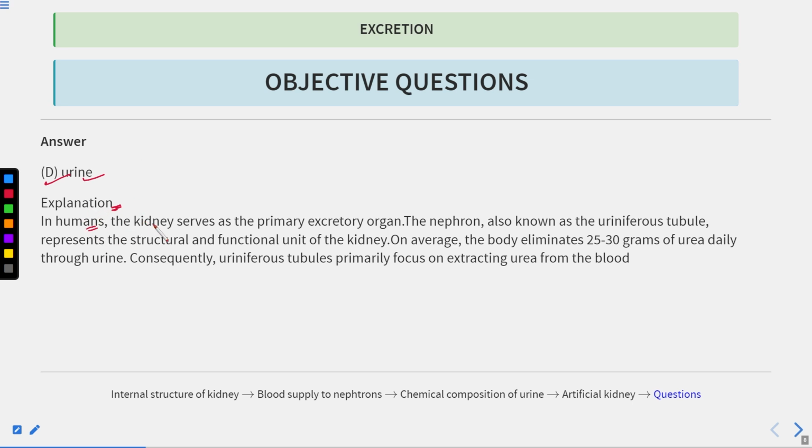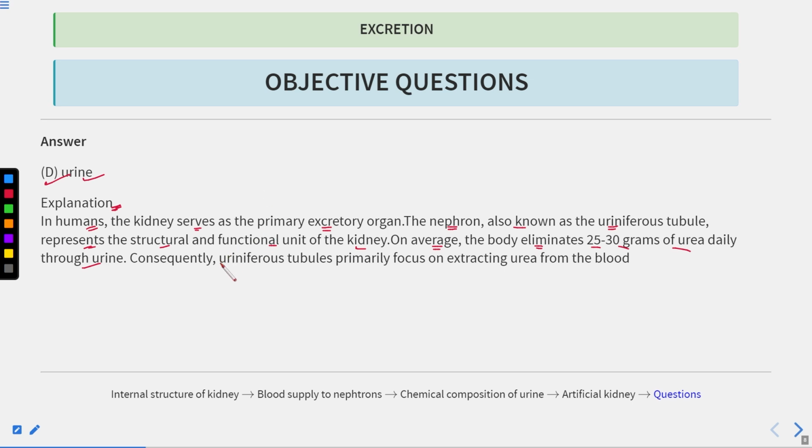Now, in humans, the kidney serves as the primary excretory organ. The nephrons, okay, are also known as the uriniferous tubules. These represent the structural and the functional unit of the kidney. On average, the body eliminates about 25 to 30 grams of urea daily through urine.